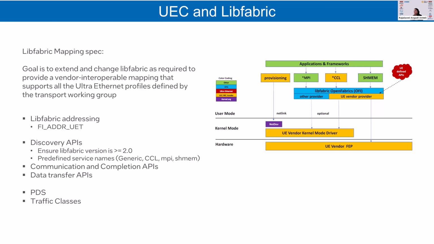And UET endpoint addresses include bits for fabric endpoint capabilities that will specify the different profiles that UET is supporting. So UET supports profiles like AI Full, AI Basic, and HPC. So the endpoints in the Libfabric will have bits that will specify which UET profiles are available or that we can specify.